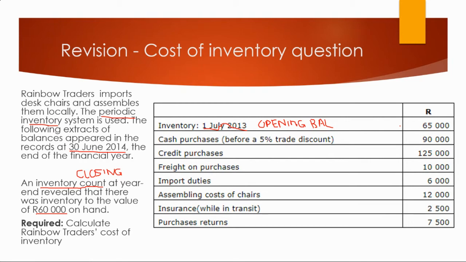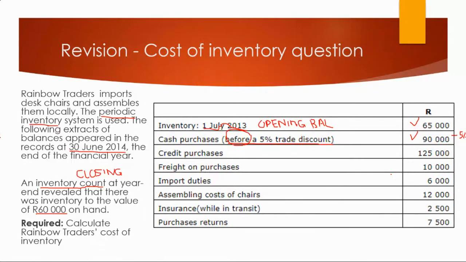Tati says we'll include it at a different value. Okay, so we will include it, but this is before the 5% trade discount, so before the discount was given. So that means we will take the 90,000 less the 5% is the value we will include it in. So Tati, you're absolutely correct. Neil, you just need to adjust it for the trade discount as well.